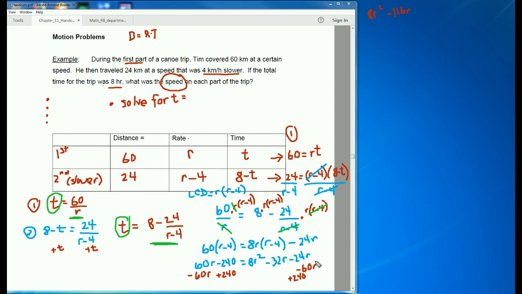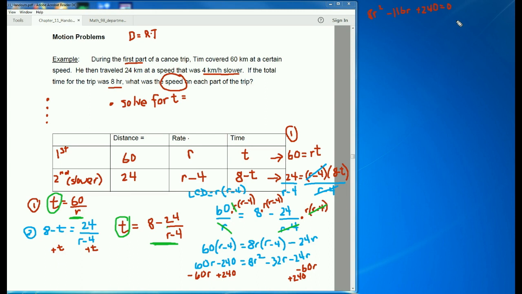And then the constants, that's the only one, so plus 240. And that all now equals 0. All right, so there's our quadratic equation.